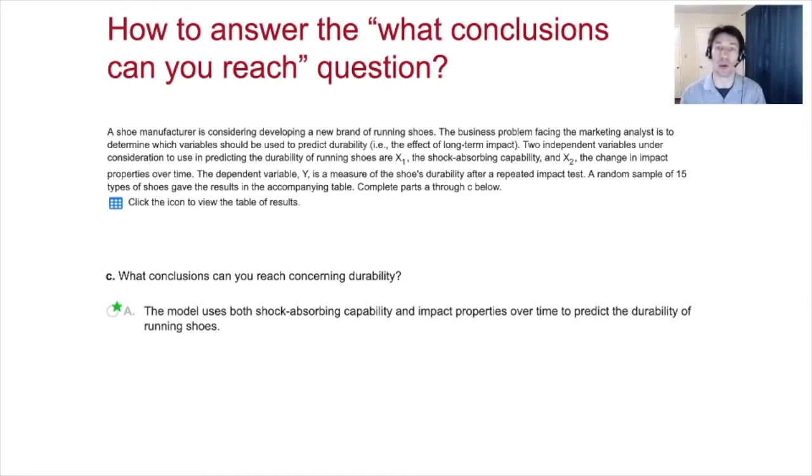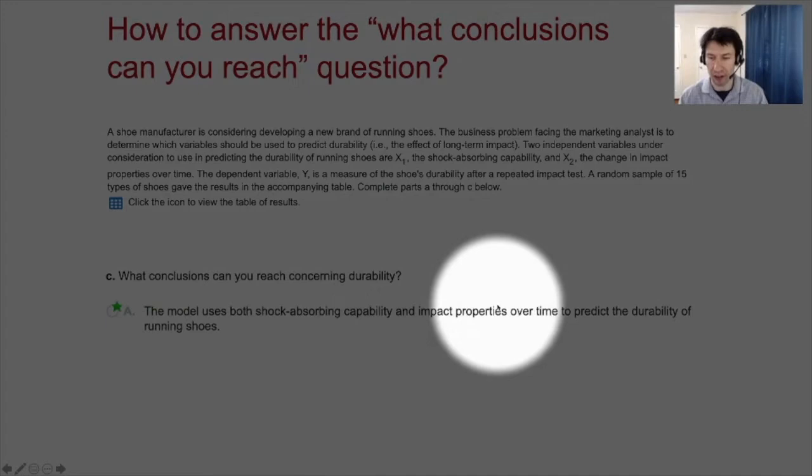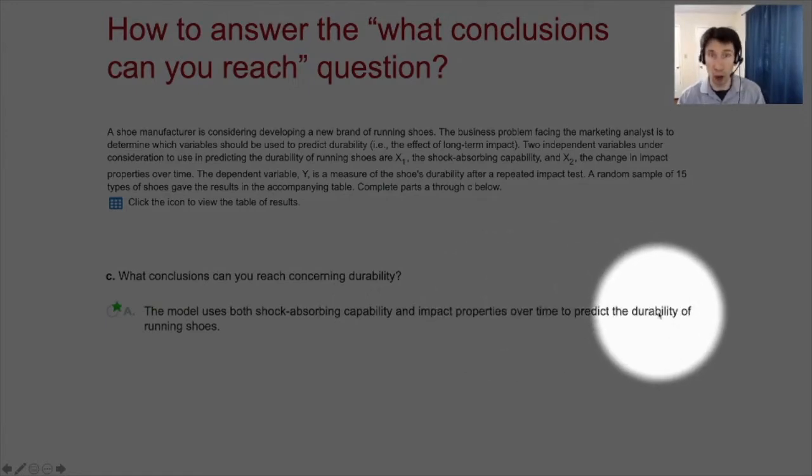Depending on your analysis, you're going to say something like: the model uses both this variable and that variable to predict the y variable.